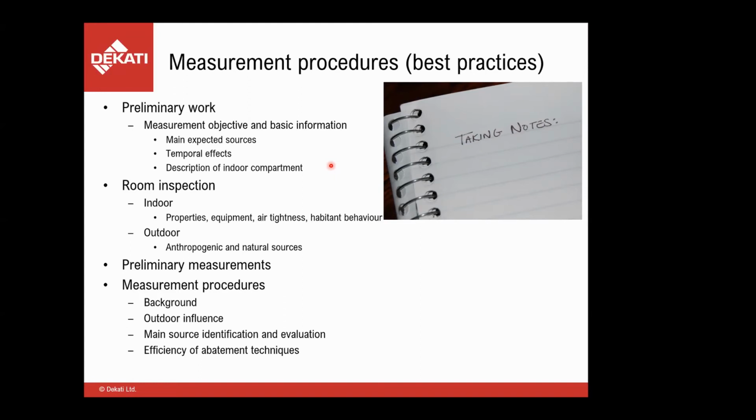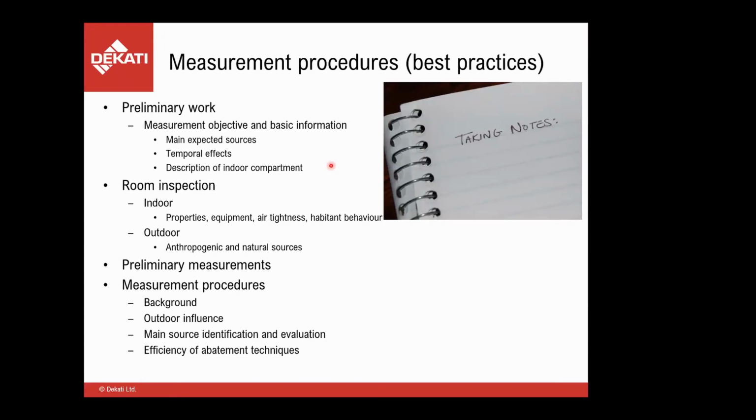It would include preliminary work, of course, understanding what is the objective of the measurement and getting basic information of the main expected sources. Are there smokers in the area? Is there a fireplace? What is the heating system like, and other things? And of course, trying to understand what is the temporal frequency of these sources, and what sort of an indoor area it is.